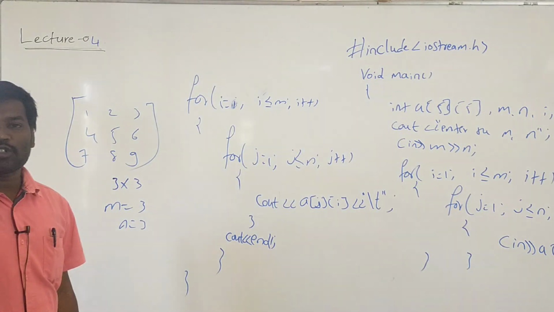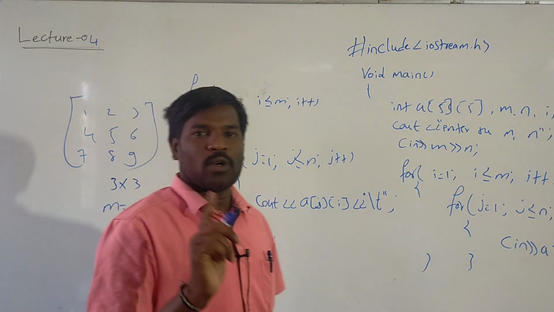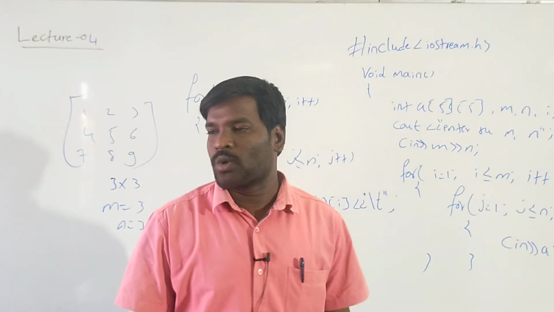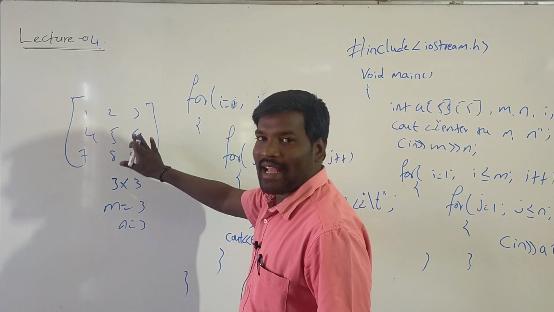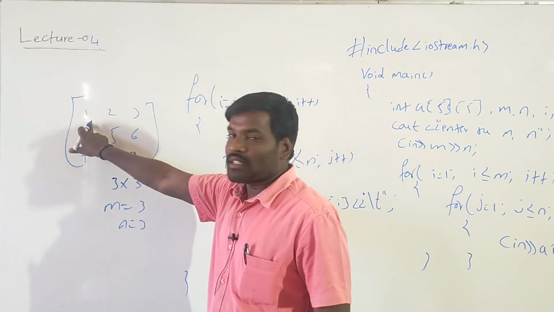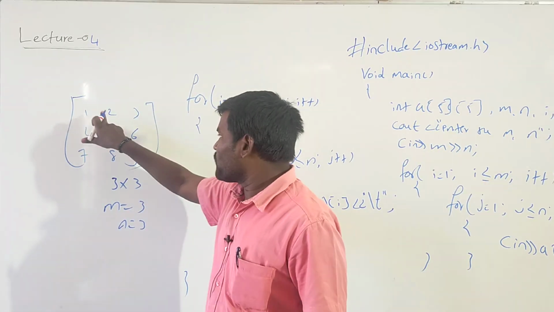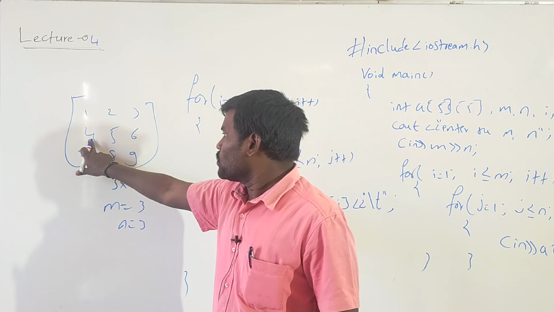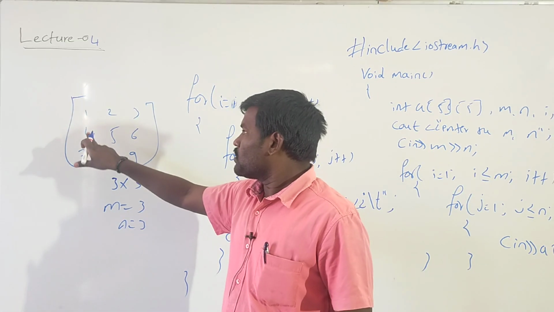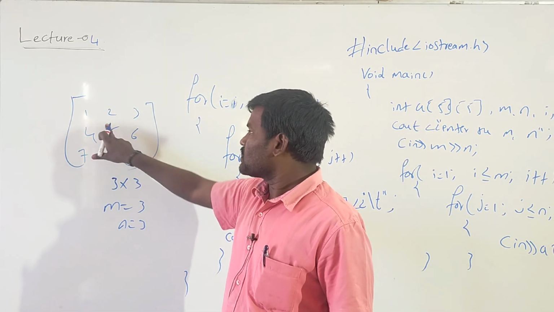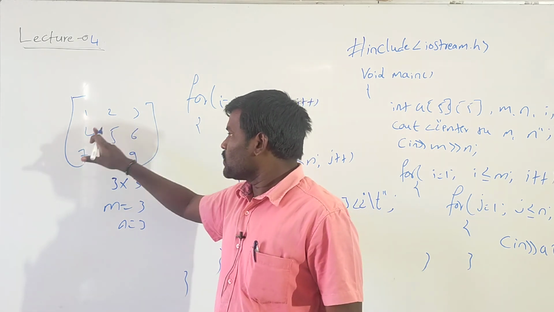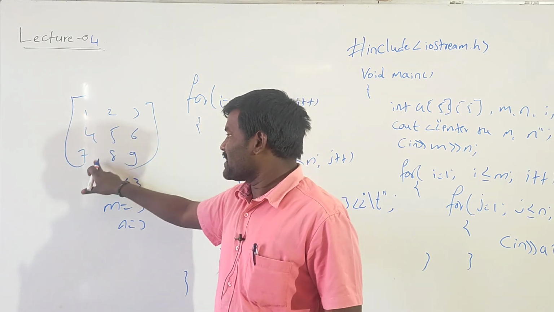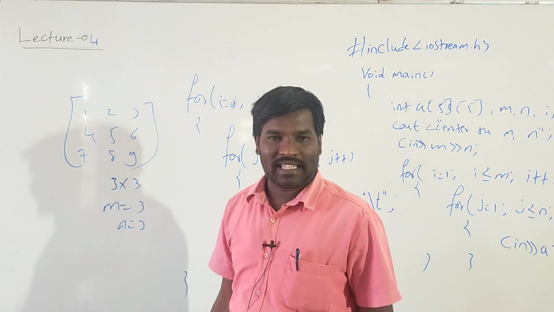Transpose of matrix is row becomes column and column becomes row. So after executing the program, the output should be 1 4 7, 2 5 8, 3 6 9, like this.